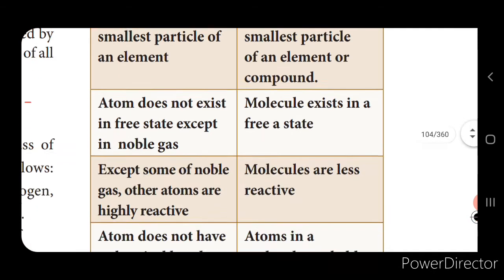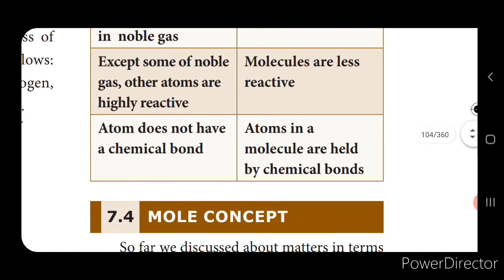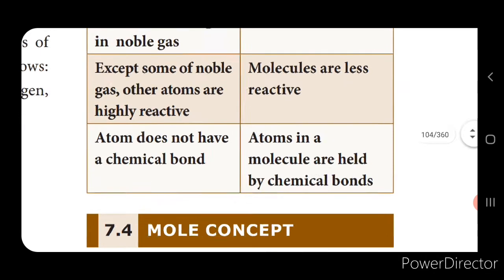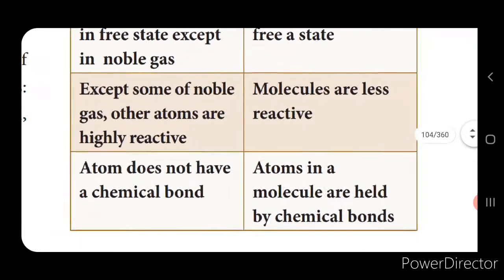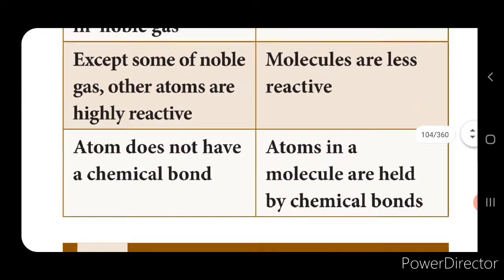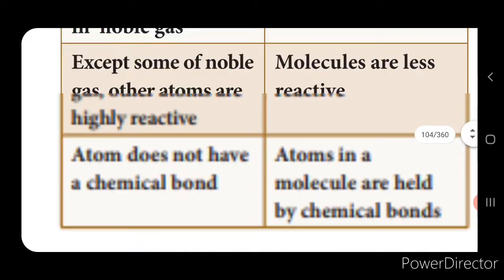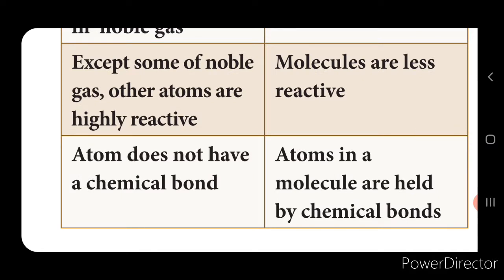What are the next 2 points? Except some of the noble gases, other atoms are highly reactive. All the atoms are highly reactive. They do not exist in free state, isn't it? So it combines with the other atom to form the molecule. So molecules are less reactive compared to that of the atom. Next is atoms do not have chemical bond.